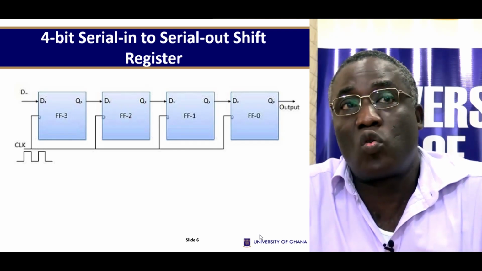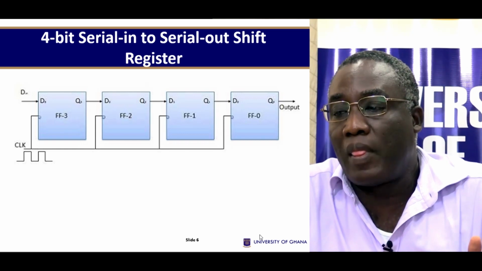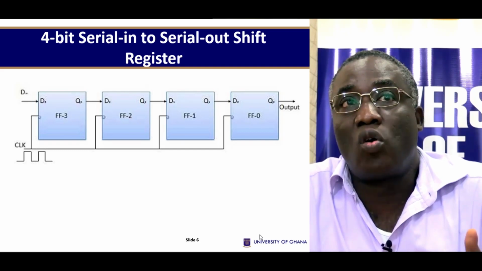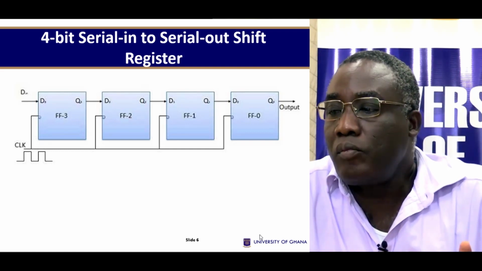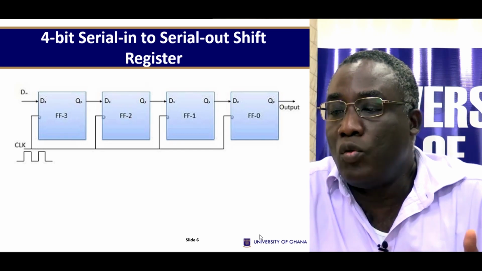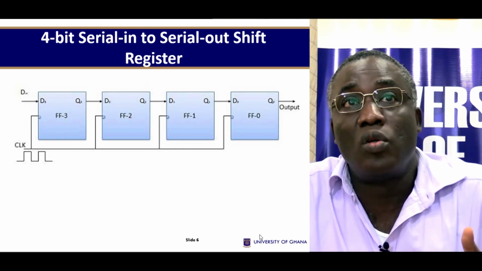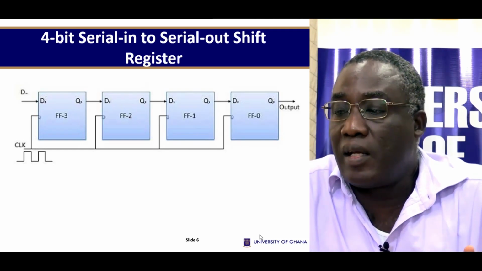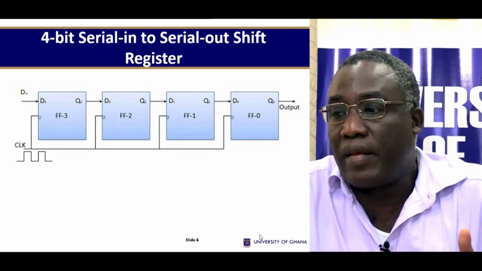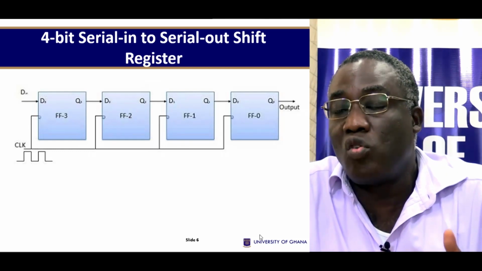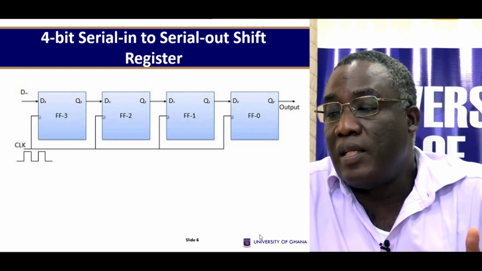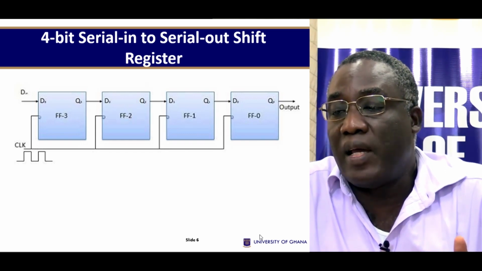At the first clock, the input, D3, will be connected to the D input of F2, D2, and so on and so forth. So before application of the signal, let Q3, Q2, Q1, Q0 be equal to 0, and apply the least significant bit of the number to be entered.